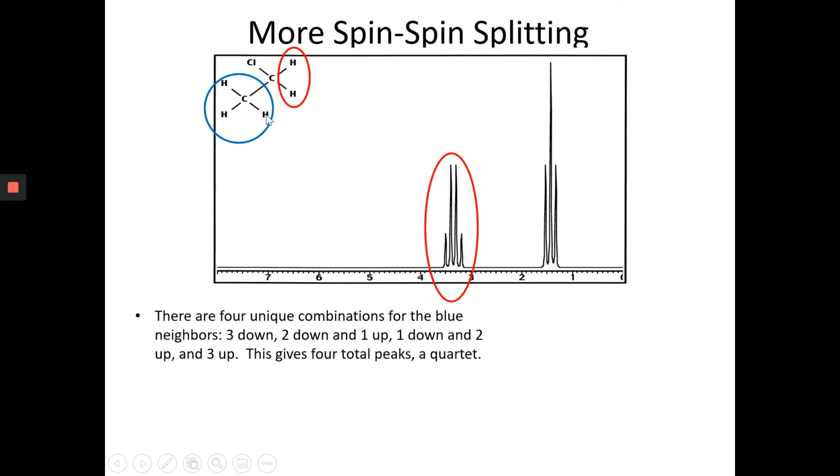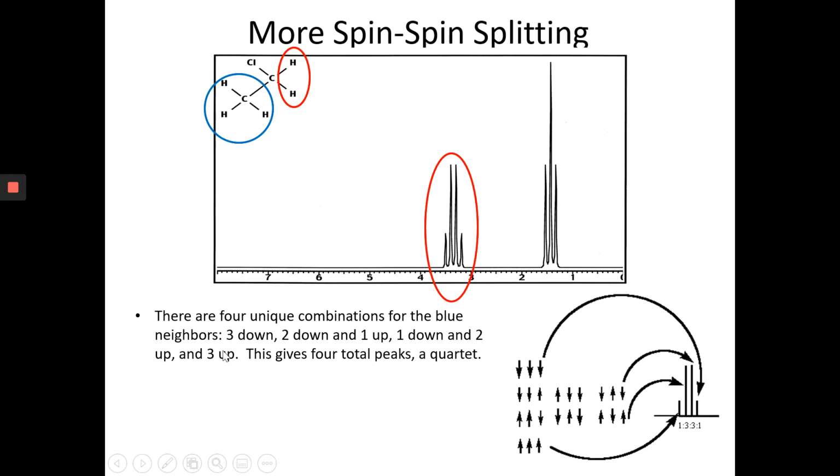And in the same manner, there's 3 different ways that you can have 2 down and 1 up. So there's 8 different possible combinations, but 3 of those are the same as each other, and 3 of them are the same as each other, right? So the 2 downs and an up and 2 ups and a down, those really are kind of the same thing. So that gives rise to this structure right here, right?